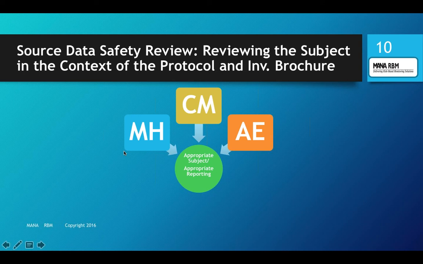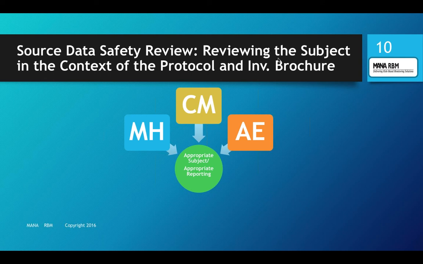So one of the first places, and we talked a little bit about this last week, is this idea of looking at the subject's data. So what we want to do is look at the data for that subject, both in the context of the protocol, but an important piece is also in the context of the investigator brochure. So I don't know how many of you read the IB.